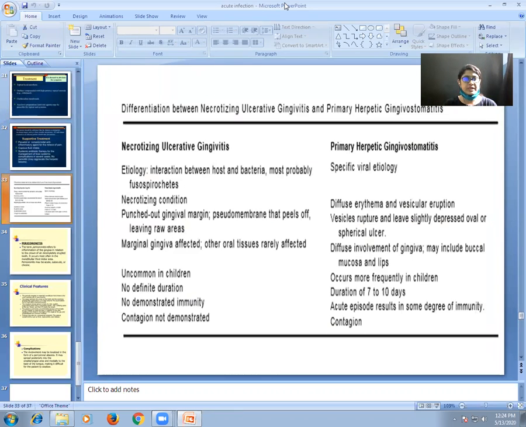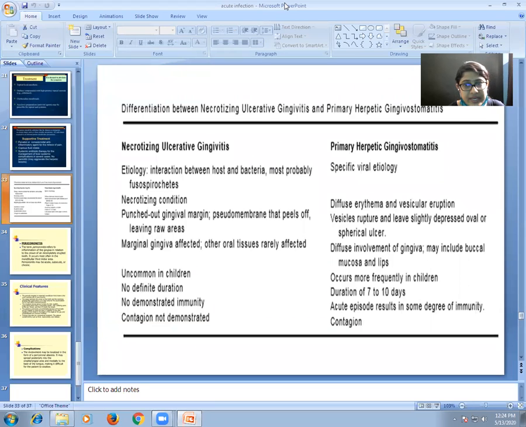Necrotizing ulcerative gingivitis is mainly characterized by punched-out, crater-like depressions in the interdental papilla, and also by a pseudomembrane on the gingiva. After that, if denudation of the pseudomembrane occurs, the gingiva becomes red and shiny.